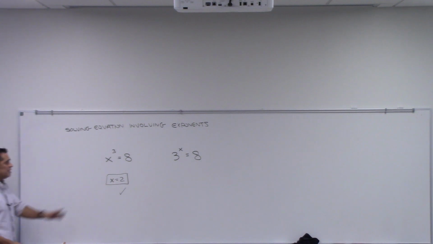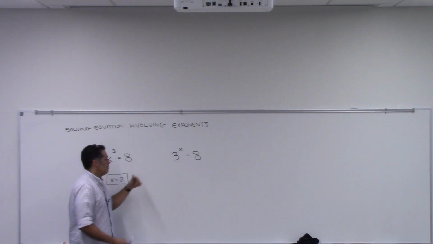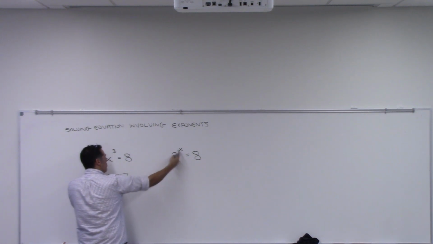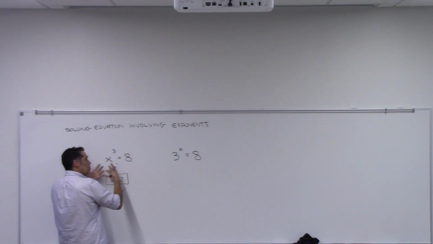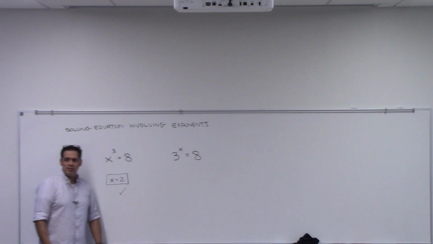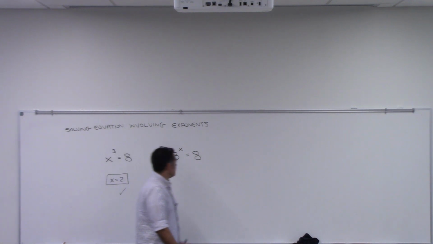That's not easy, generally speaking. What I want you to see here is the position change of the x. When it was in the base, we've solved equations like that in our life before. But when have we ever solved equations where the exponent's up in the top? A little harder, right?